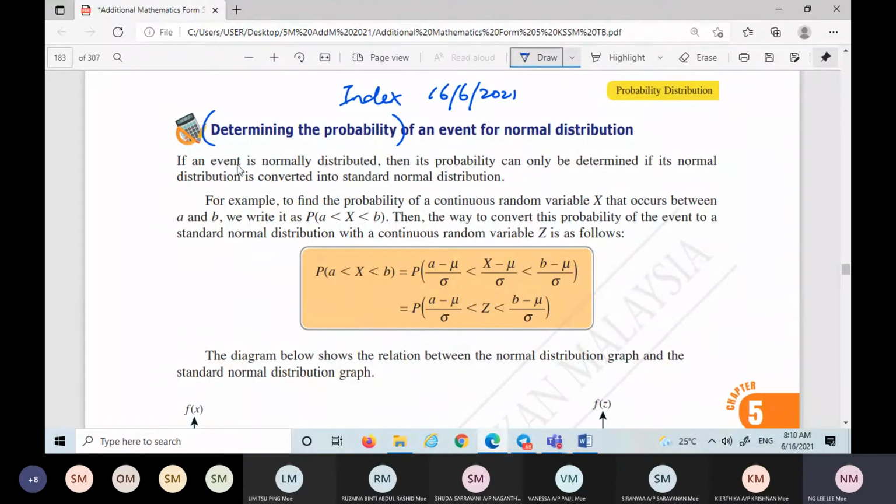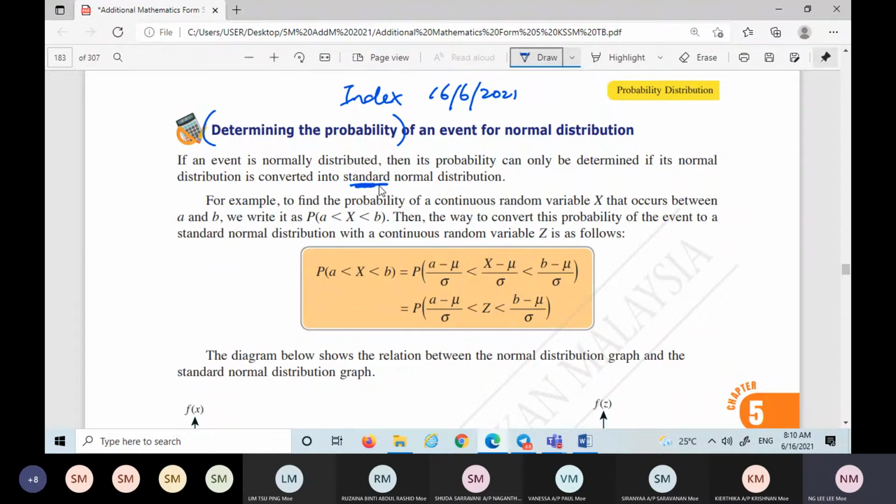If an event is normally distributed, then its probability can only be determined if its normal distribution is converted into standard normal distribution. If you don't convert it, you see the tables, there is only one table, which is referring to this standard normal distribution.